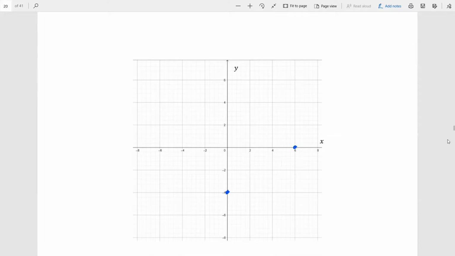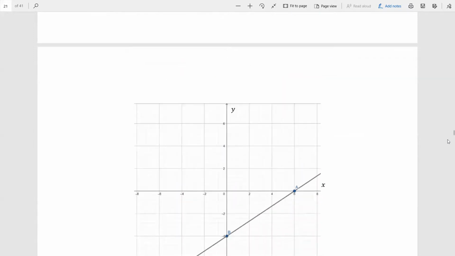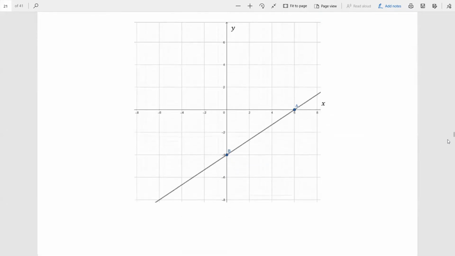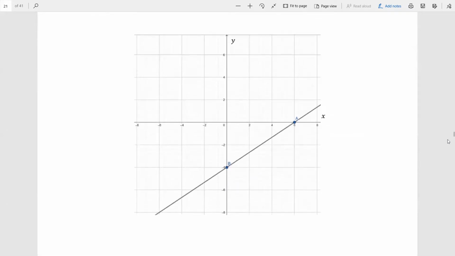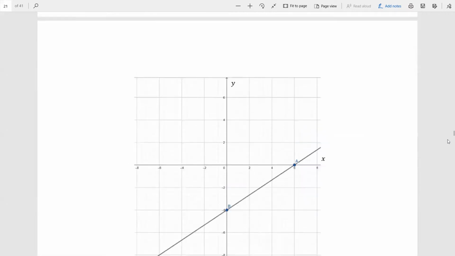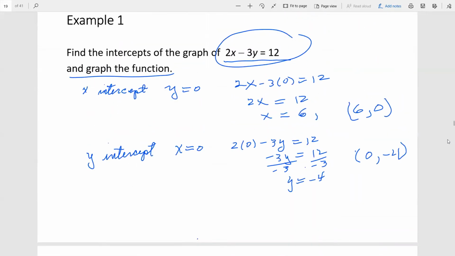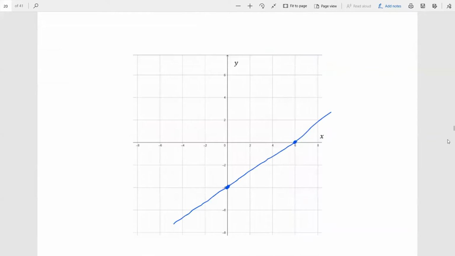And if you're doing this just by hand, you could just draw a straight line between. So on the next slide, I've drawn a neat line between the 2 points. And this is the graph of 2x minus 3y equal 12.